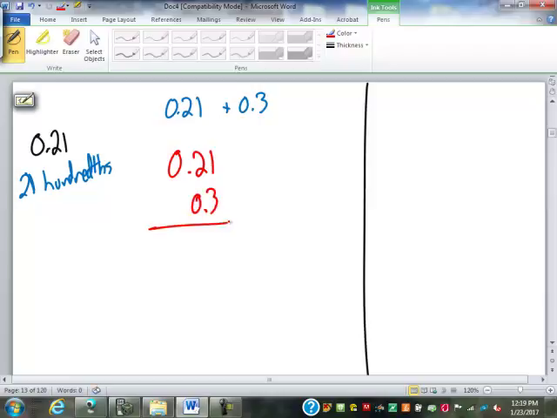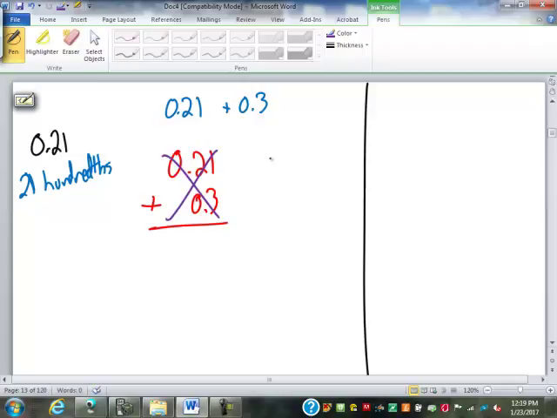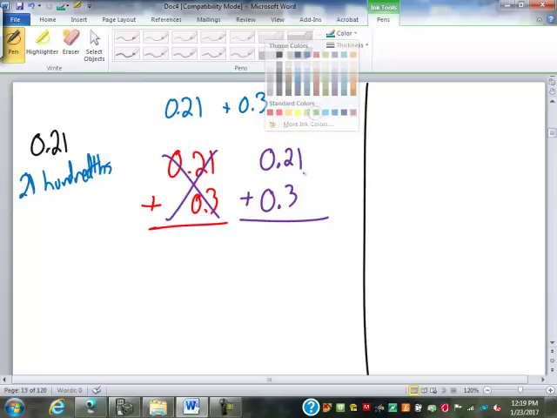Is this going to work like this? No. What do I have to do? What's that? I have to line up the decimal points. Very good. I heard someone say put a 0 after the 3. That's actually very good too.